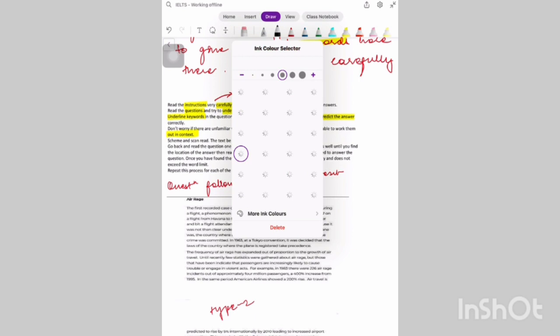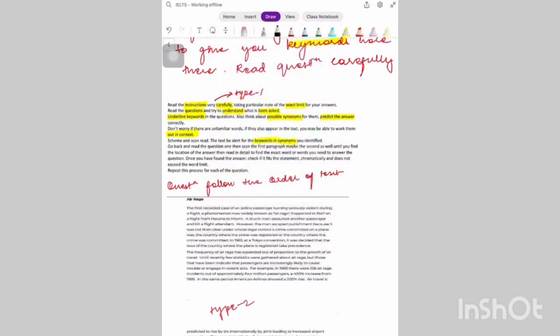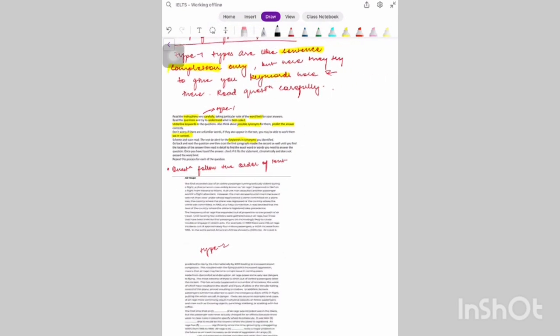So first we'll look at the instructions. Read the instruction carefully, read the question carefully and understand the question. Underline the keywords. Think about the paraphrased words or sentences.